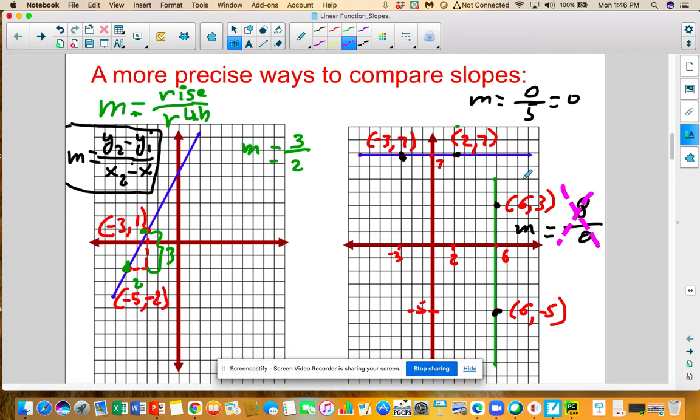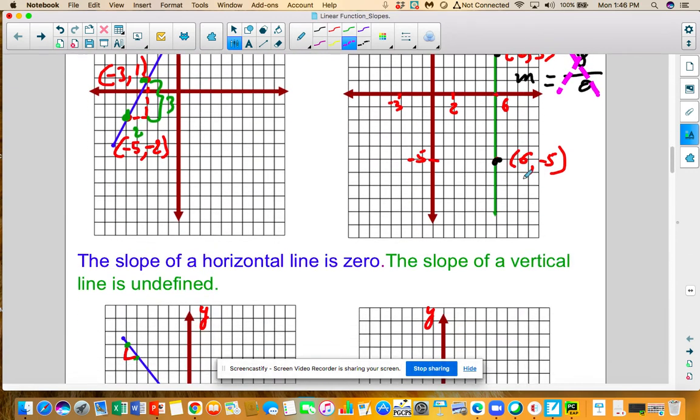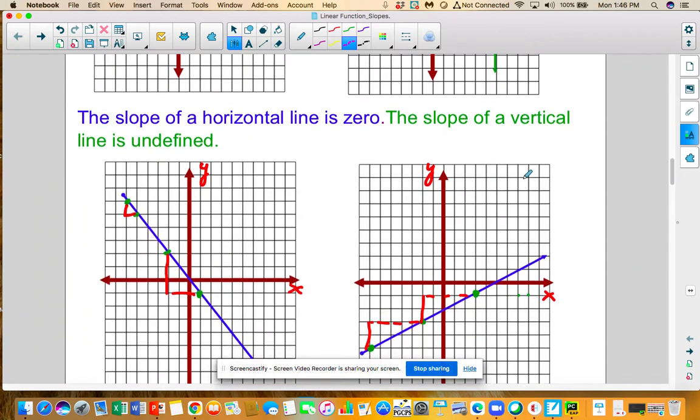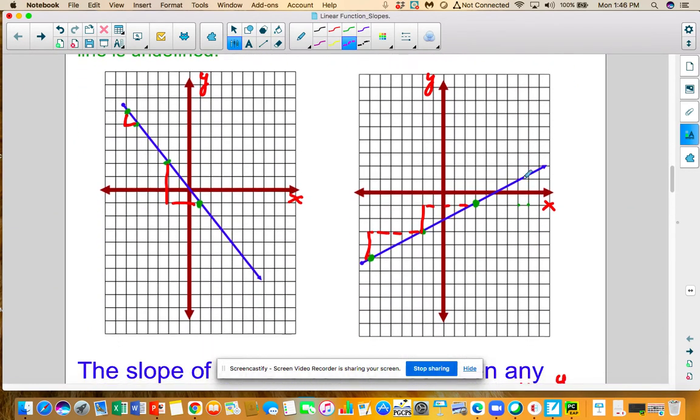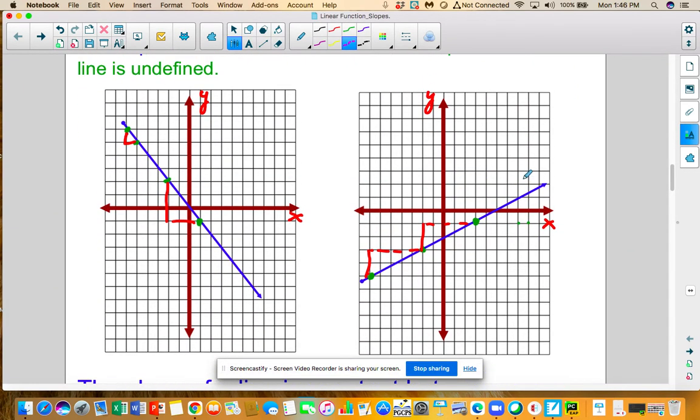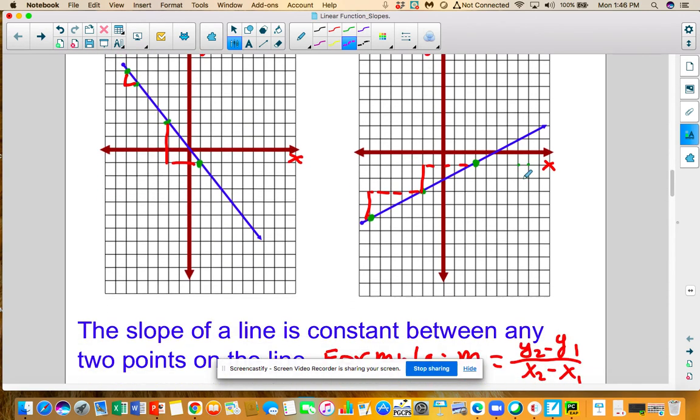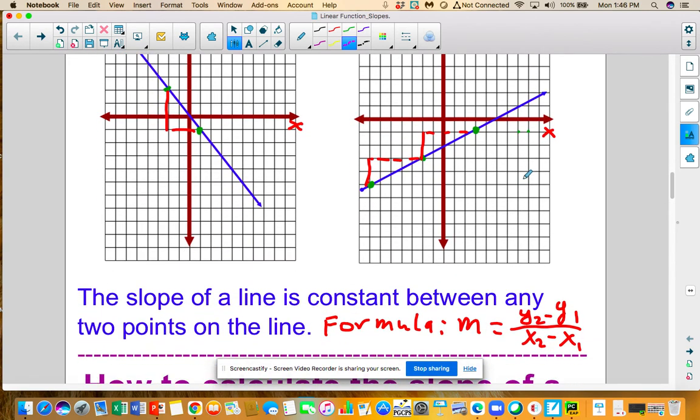Okay, let's move forward. One thing that I want you to make sure you understand is that what makes the slope of a line, a linear function, special is that it's a constant.